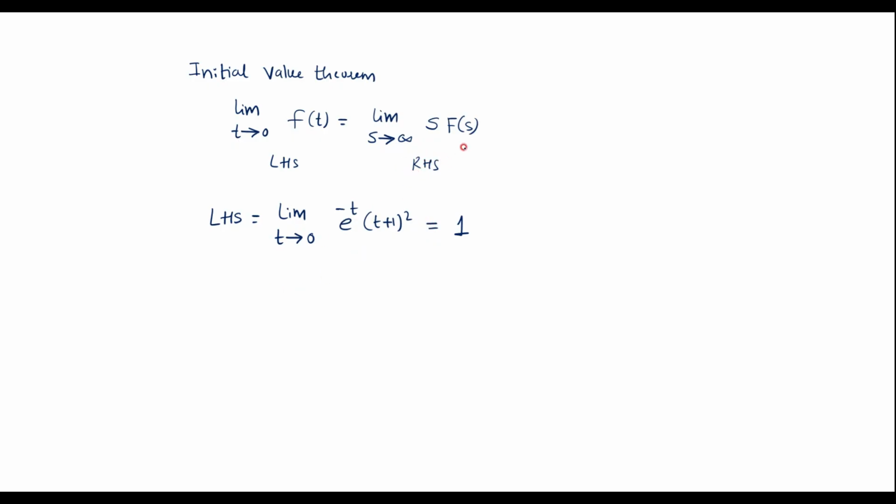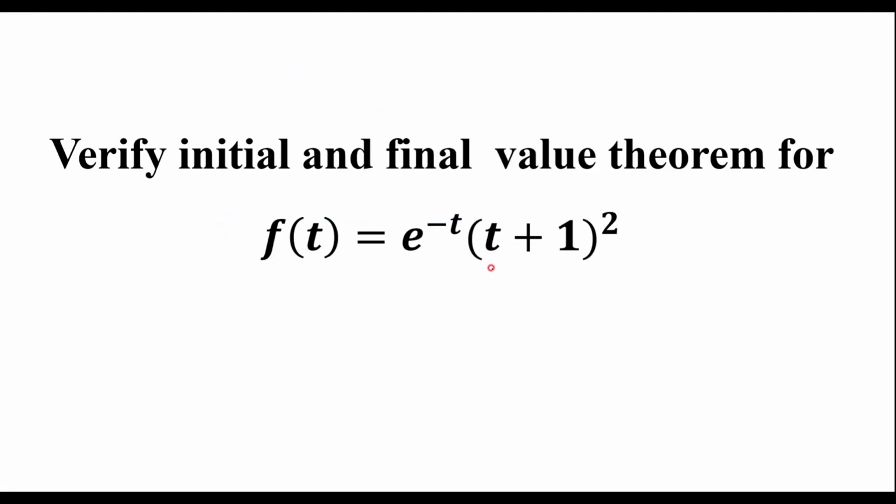So to verify RHS part, first we need to calculate f of s. F of s is Laplace transform of f of t. First let me calculate Laplace transform of f of t. So now in a given function, first let me consider only finding Laplace transform of t plus 1 whole square.